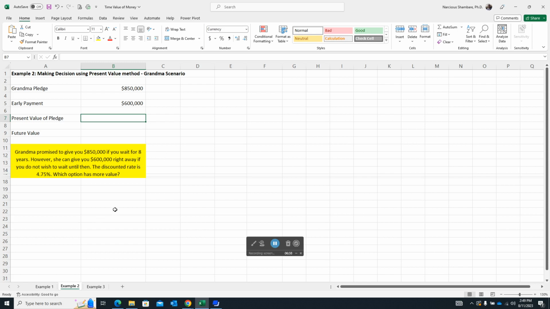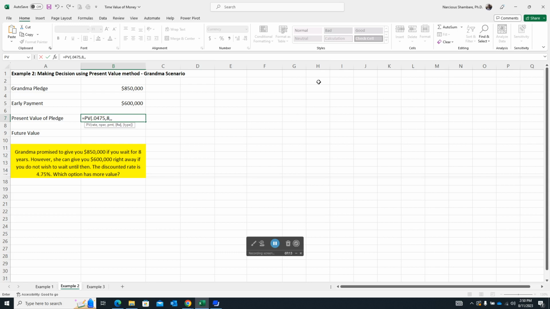Right, so again, how do you make this decision? So once again, here we have been given a discounted rate at 4.75. So let's go ahead and figure out what is the present value of 850,000. So again, we enter the equal sign, PV, which is our present value, double click on it, and the interest rate is 0.0475, comma, and the period is 8, comma, and so what is going to be that future value.